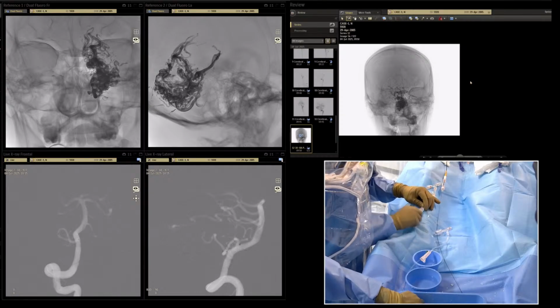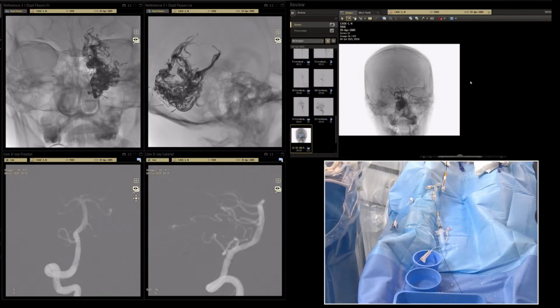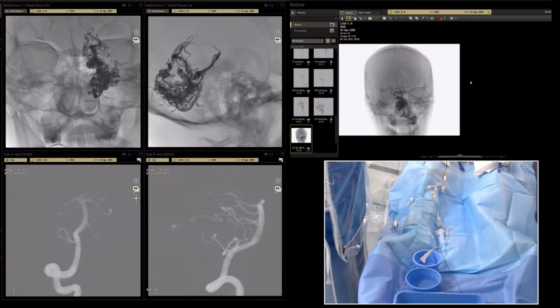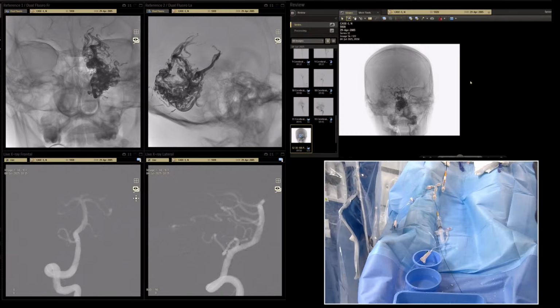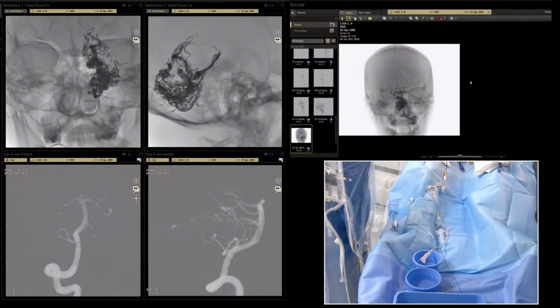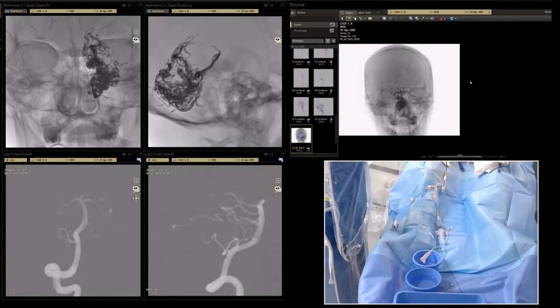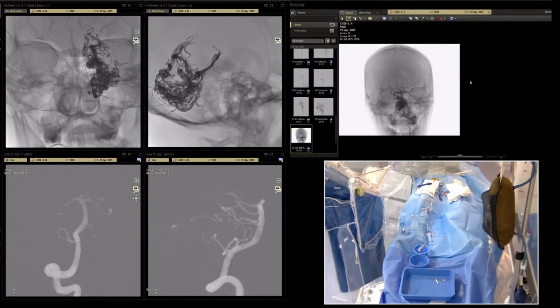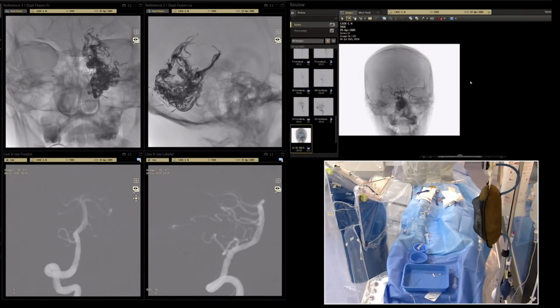Okay, let's prepare the DMSO. Two sets are needed.